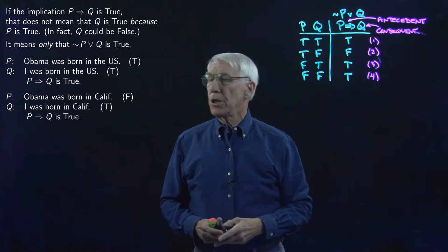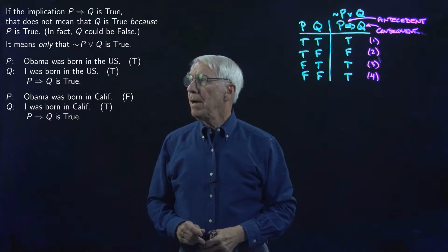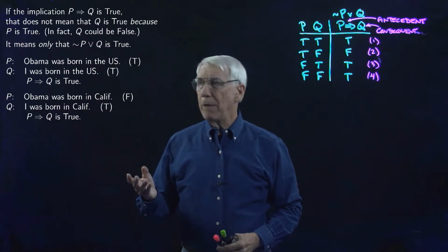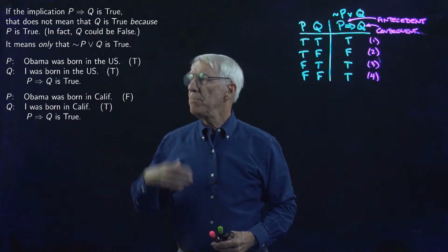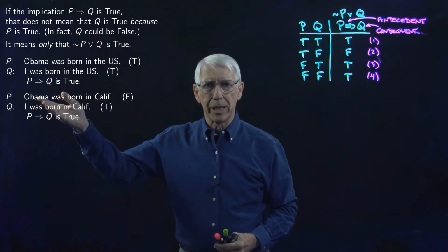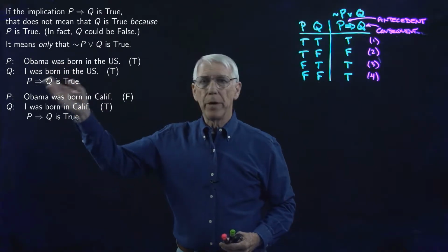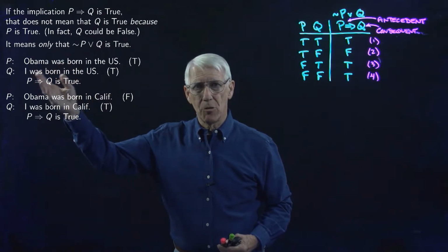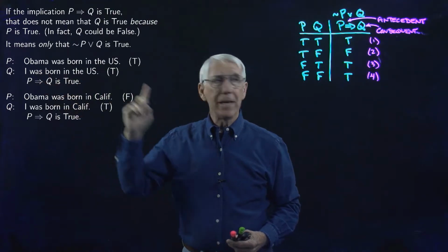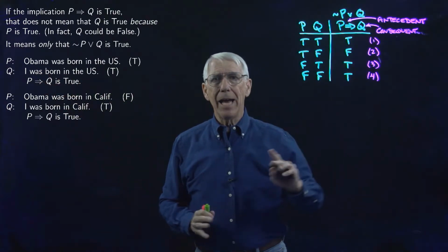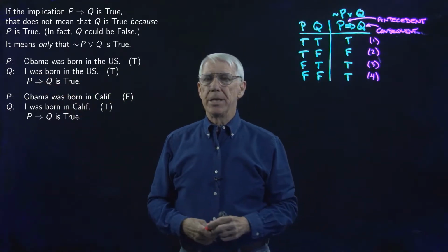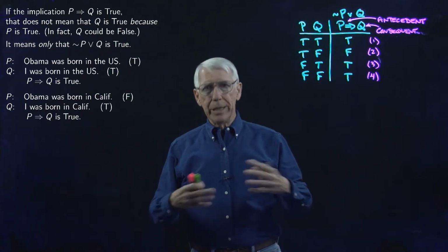compound statement. So that implication is true, but it's not the case that I was born in California because Obama wasn't born in California. And in the first case, it's not the case that I was born in the U.S. because Obama was born in the U.S. So the implication is not an argument. It's not some kind of reasoned out argument.